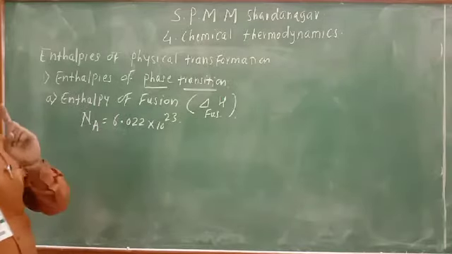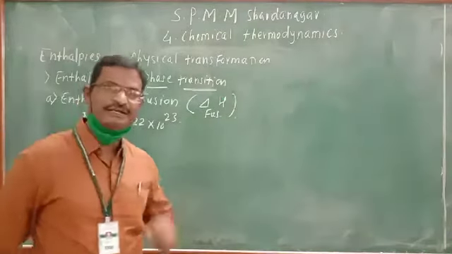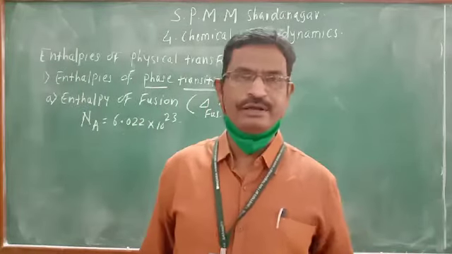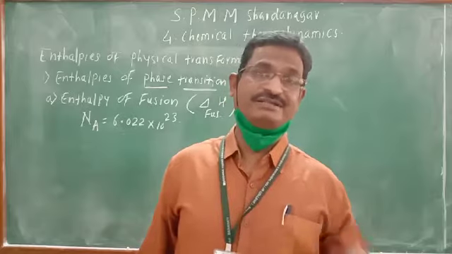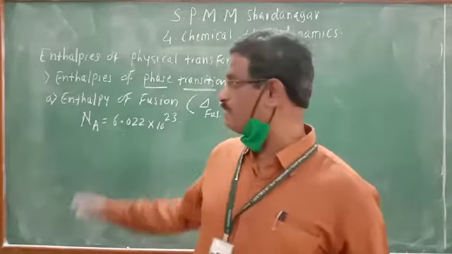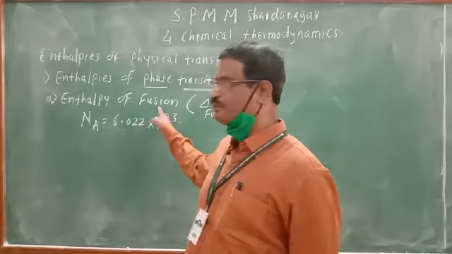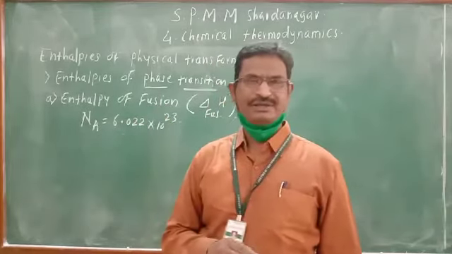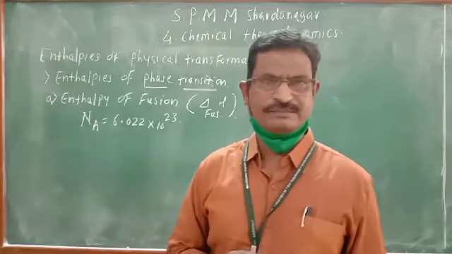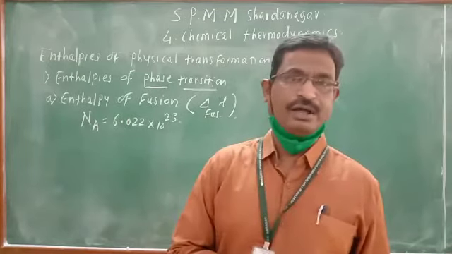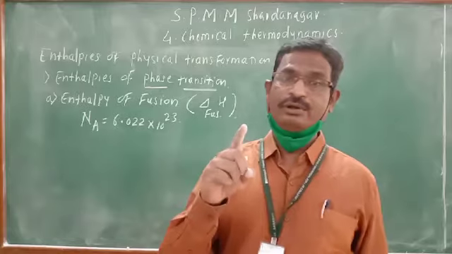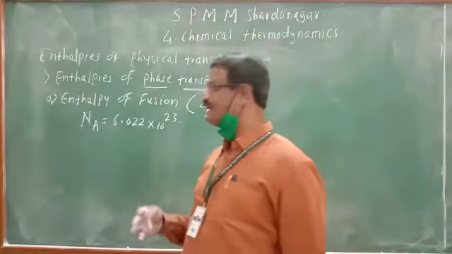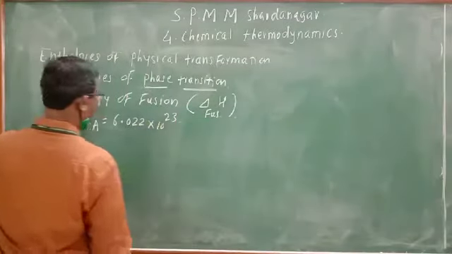Whenever all molecules, that is Avogadro's number of molecules present in 1 mole of solid, are converted to liquid at constant temperature and pressure, the change in enthalpy is known as enthalpy of fusion.